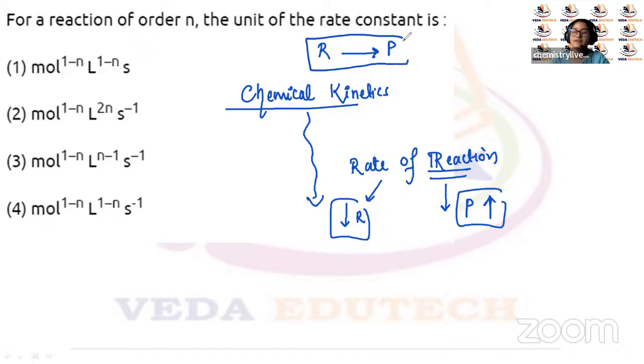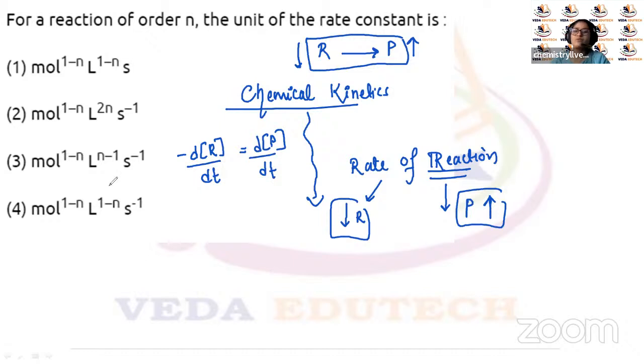With time, the concentration of the reactant keeps on decreasing and the concentration of the product keeps on increasing. So if we want to find the rate, we express it either as minus dR by dt, or as dP by dt.